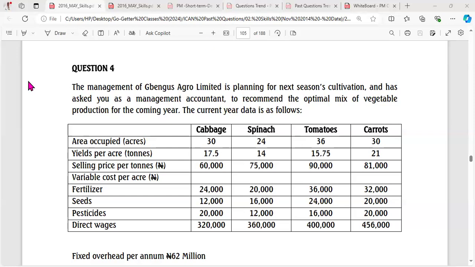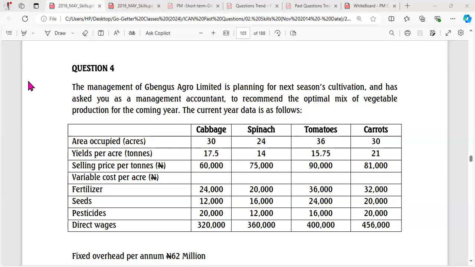We are talking about limiting factor as a management accounting decision making technique.